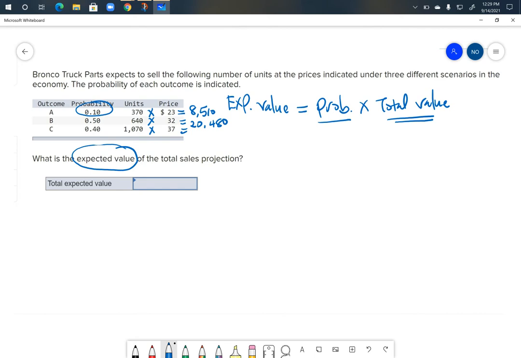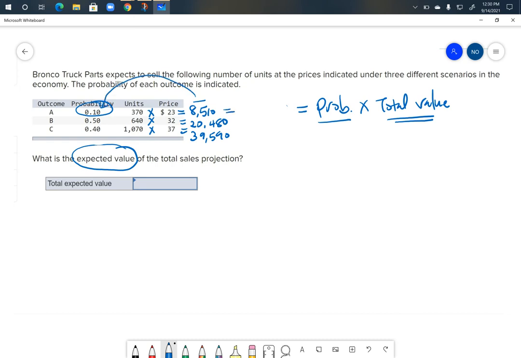And for the third one, you take 1,070 times 37, and this gives us 39,590.